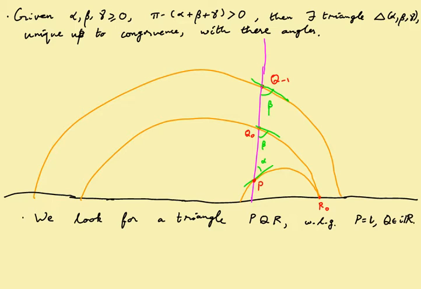So I'm using the upper half plane model. So this is the point i, and I've drawn an angle alpha here, where there is P, and we have a vertical line passing through that. Well, what happens if I take a point Q? Let's first start with a point Q minus 1, and take an angle beta.